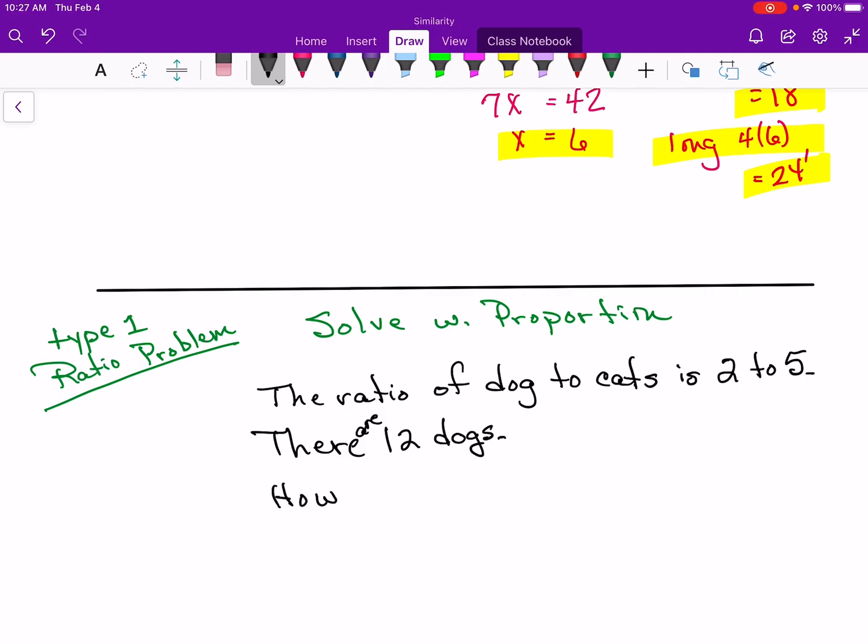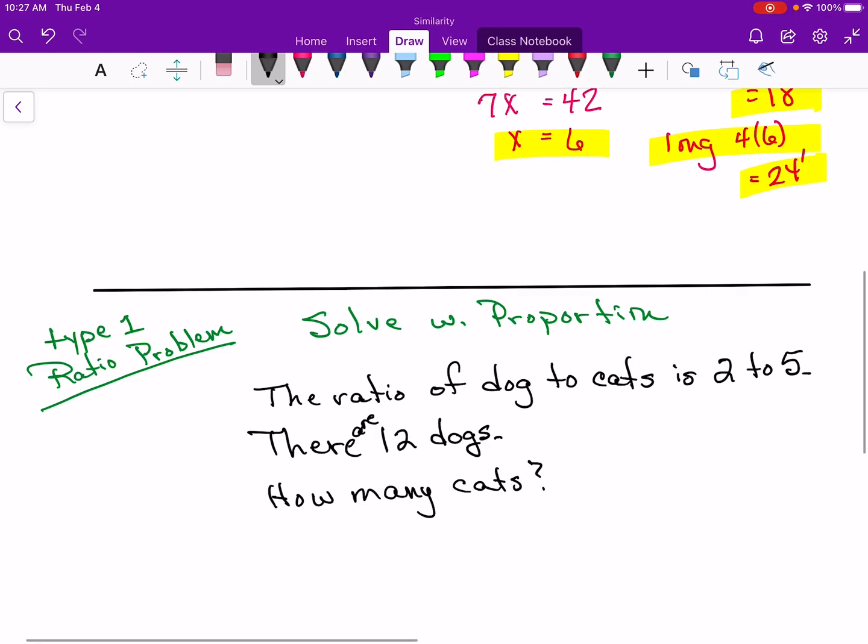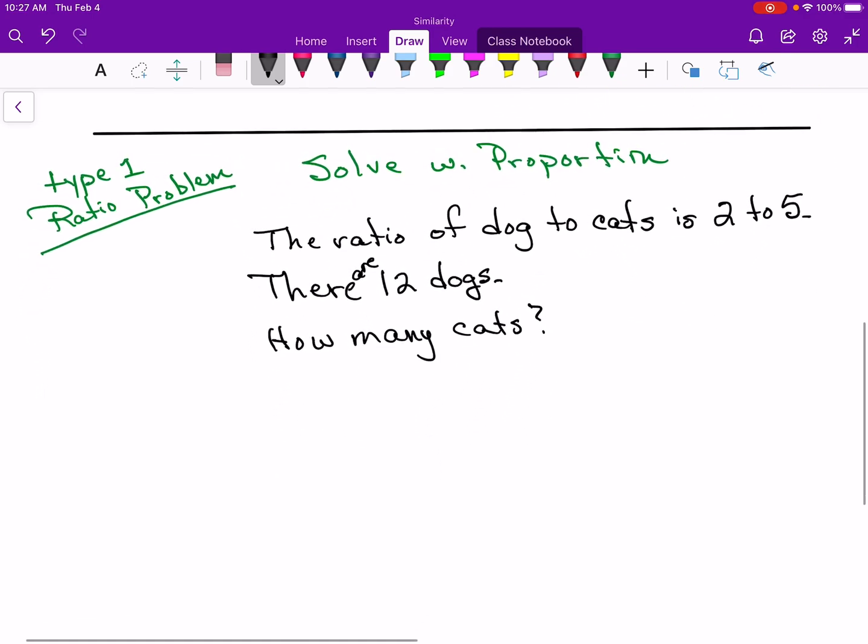How many cats are there? Okay, again, identify what kind we have going on here. We give you a ratio of 2 to 5 of dogs to cats.